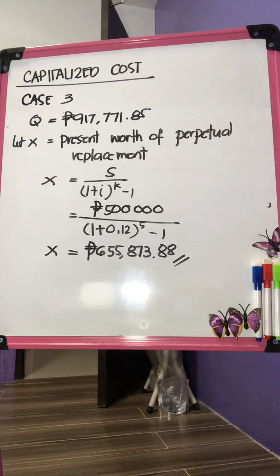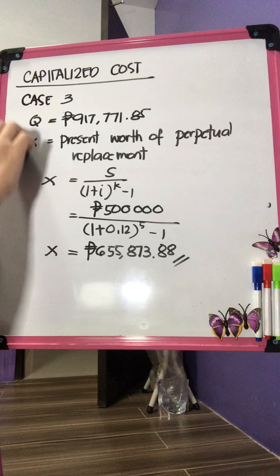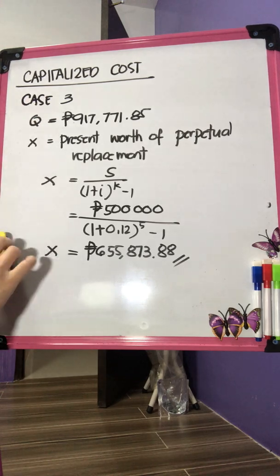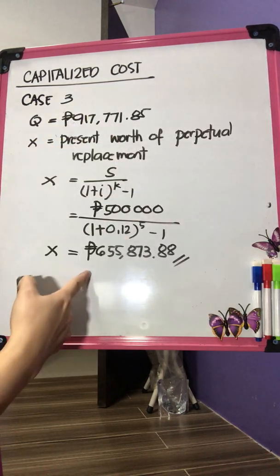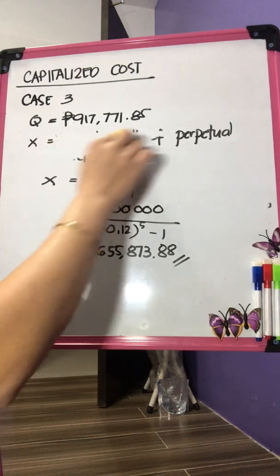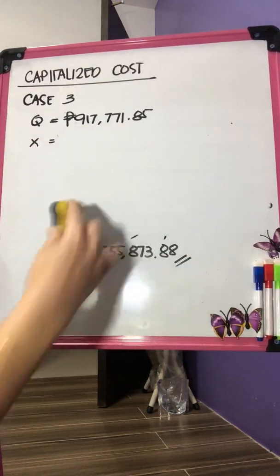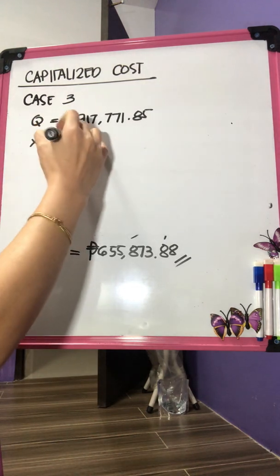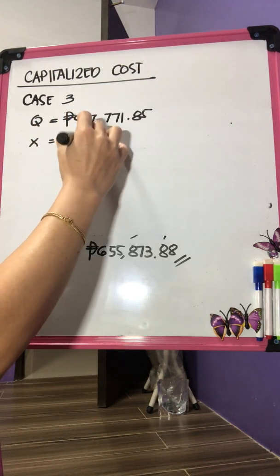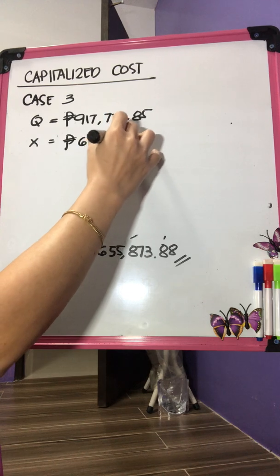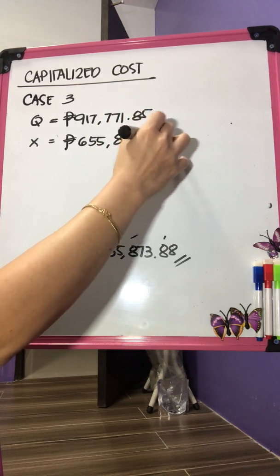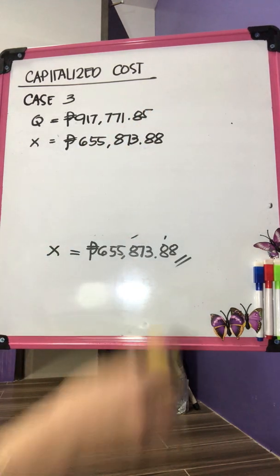Okay? Laging may X. Ano ba yan? Hindi nawawala si X. So meron na tayong given na X, di ba? Okay. So sulat natin yung value ng X. So X is equal to 655,873 pesos and 88 centavos.